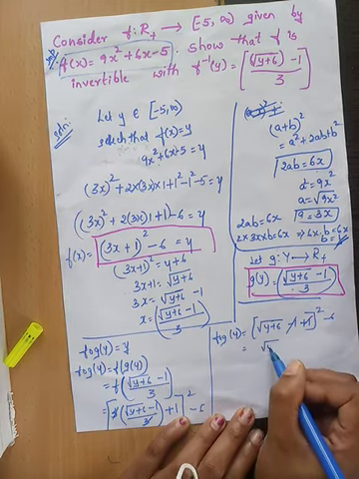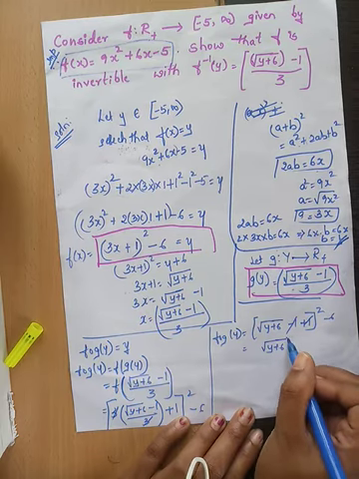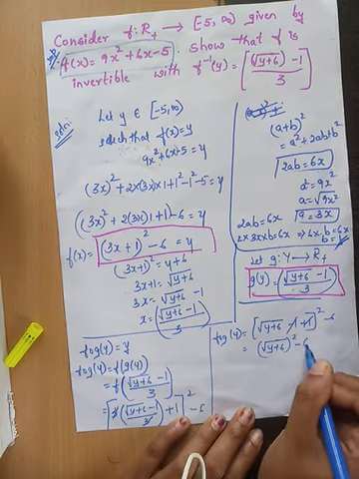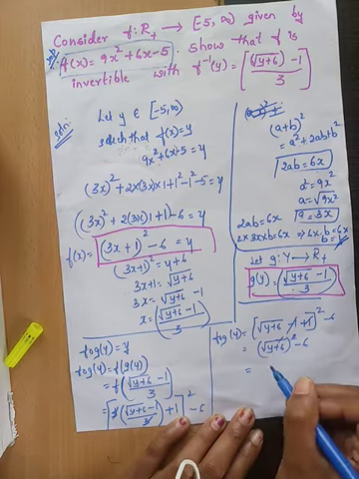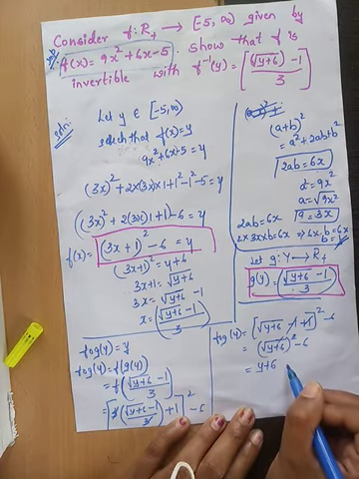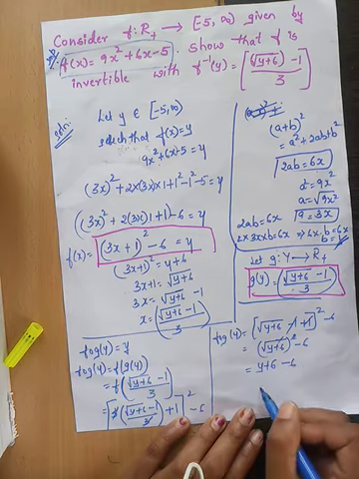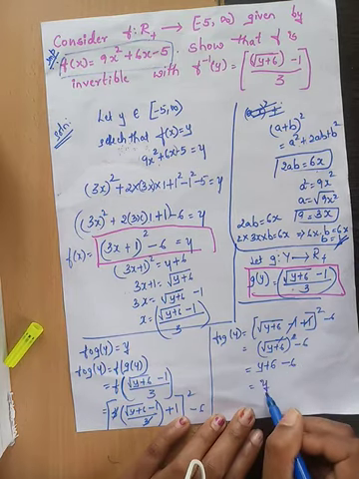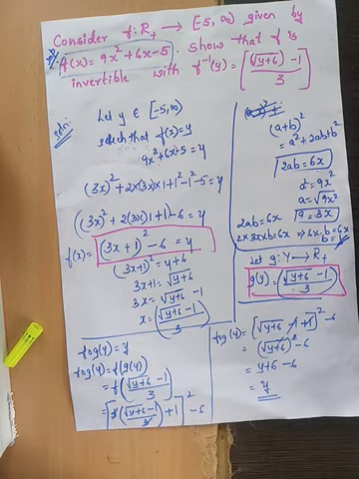So remaining is square root of y plus 6 whole square minus 6. Again, square and square root get cancelled. So we will be left with y plus 6 minus 6, which is equal to y.